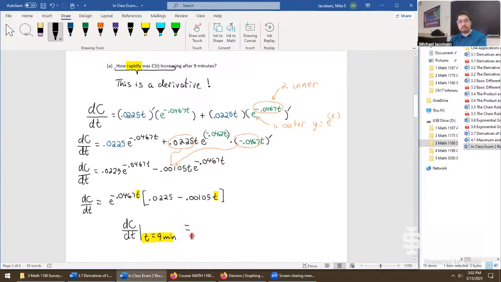But my standard comment about calculator work on an exam is show what's about to go in the calculator on paper, and you get major partial credit. Depending on the problem, if you put this on paper, e to the negative 0.0467 by 9, 0.0225 minus 0.00105 times 9.